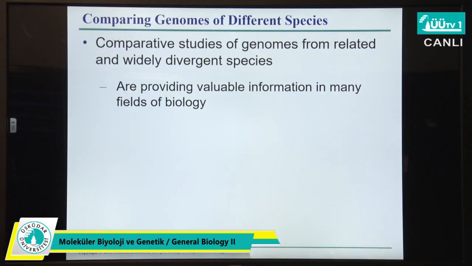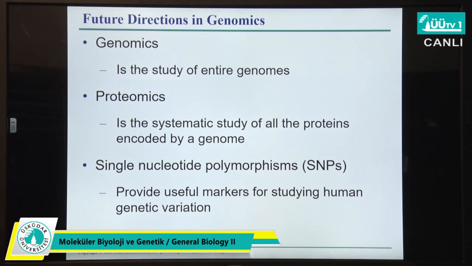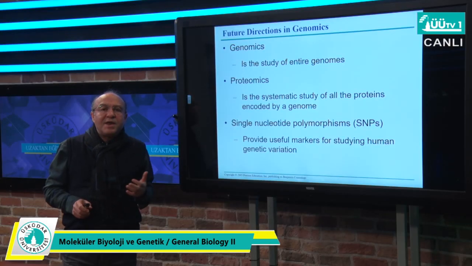And this is another technique we are using now, and I think we stop at this slide. The future direction of genomics is very important, because believe me, in the next 50 years, genomics and DNA technology are going to be one of the most powerful areas in all life science.